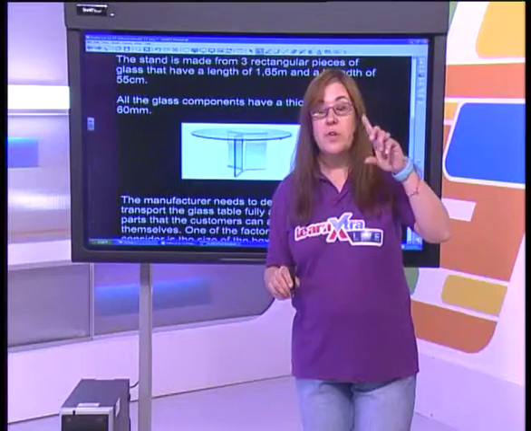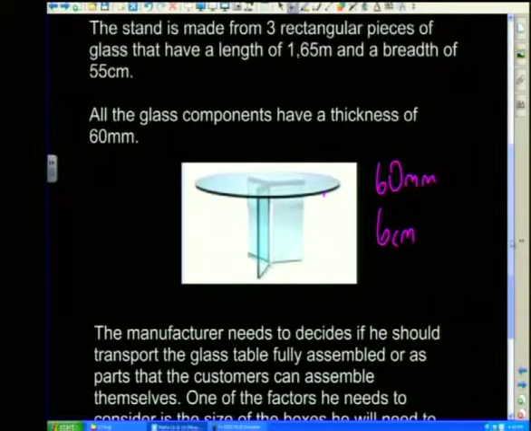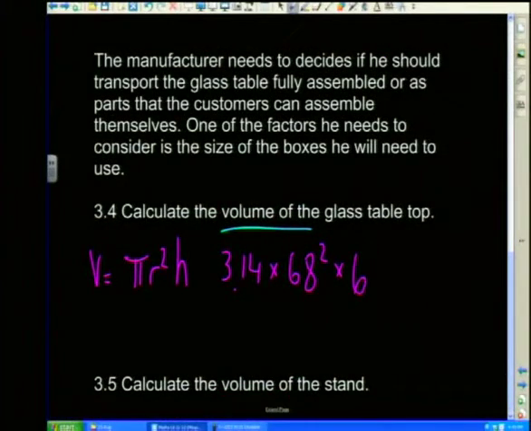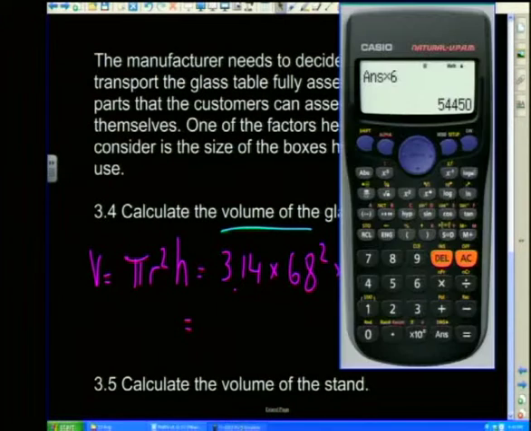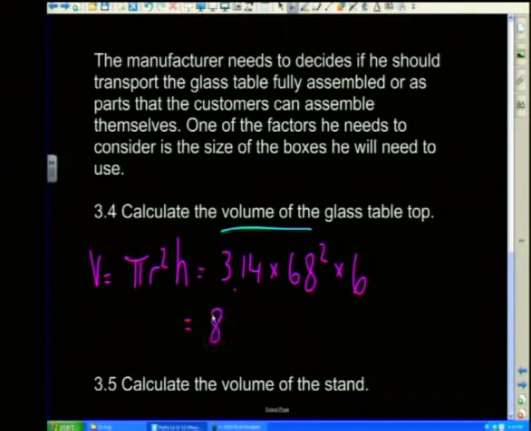I need to convert that into centimeters, so it becomes 6 centimeters. So it's 3,14 times 68 squared times 6, and we get an answer of 87116, and we're dealing in centimeters cubed.